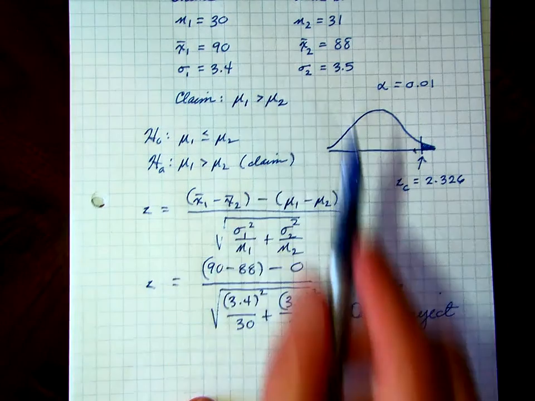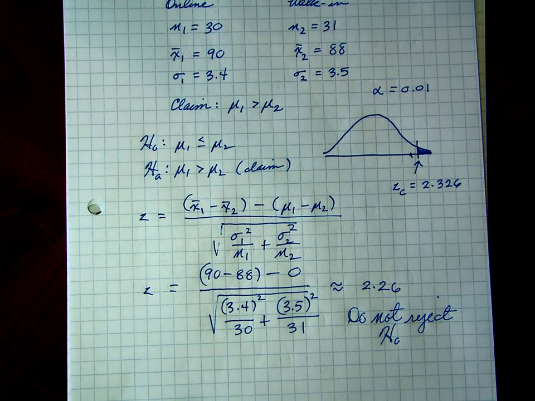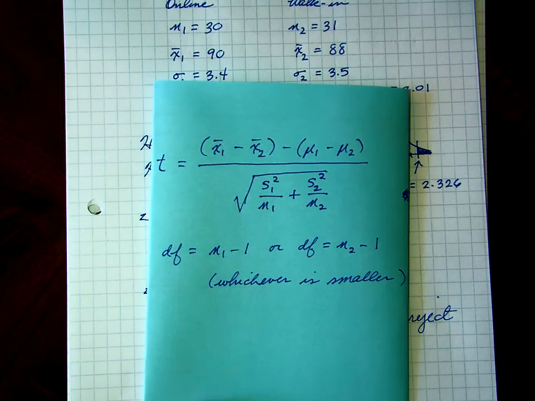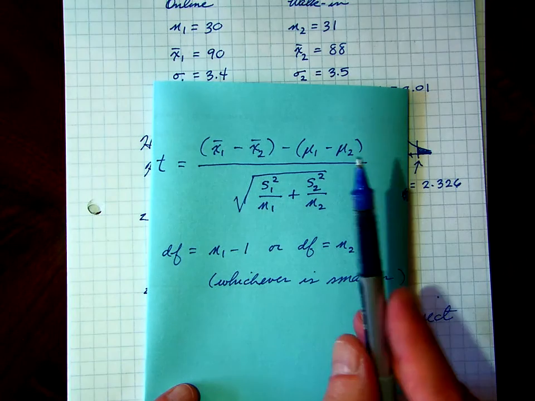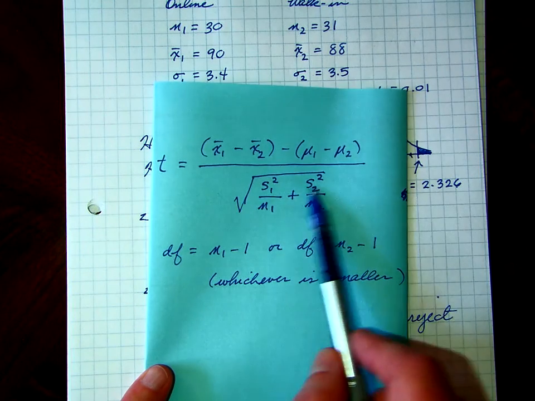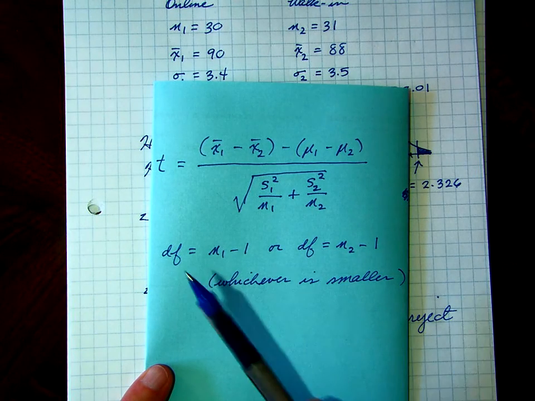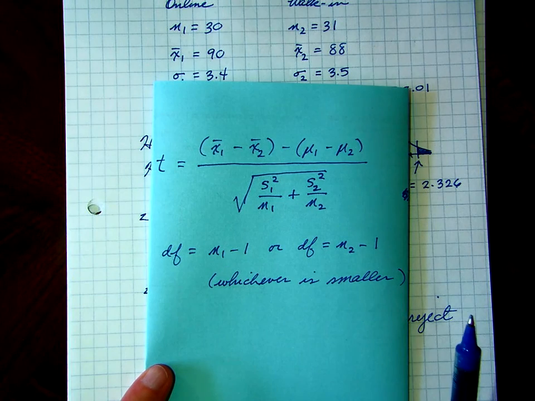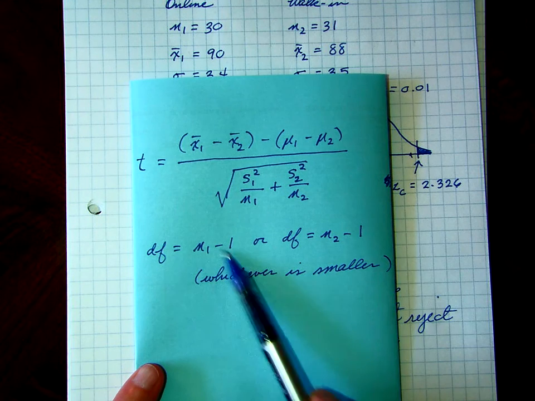If we didn't know the standard deviations and we had to use S1 and S2 instead as statistics, we would have to go over to a t-distribution, and it's the same calculation, except now watch out, if you're going to be using t, you have to pick degrees of freedom.